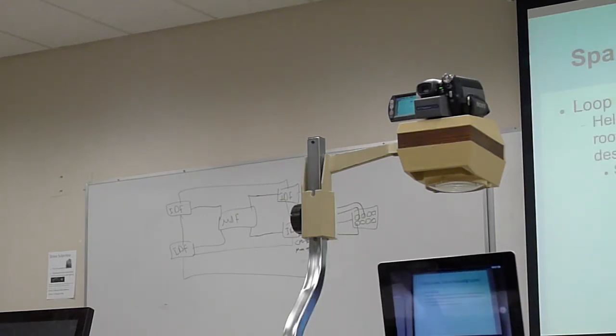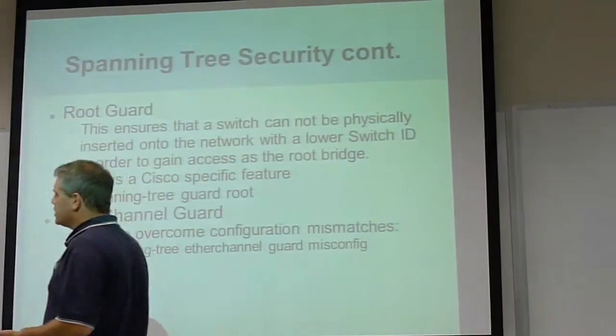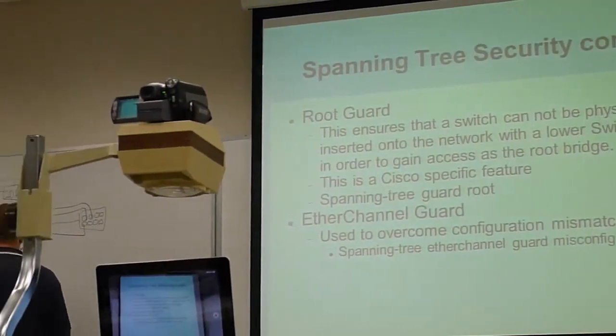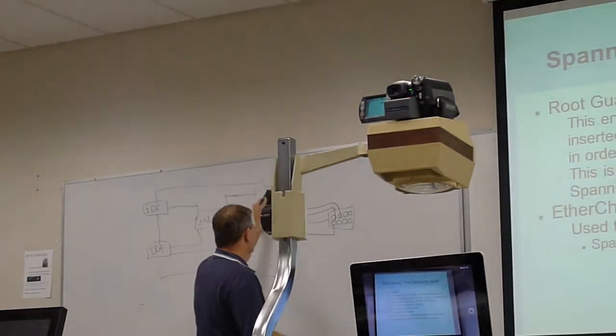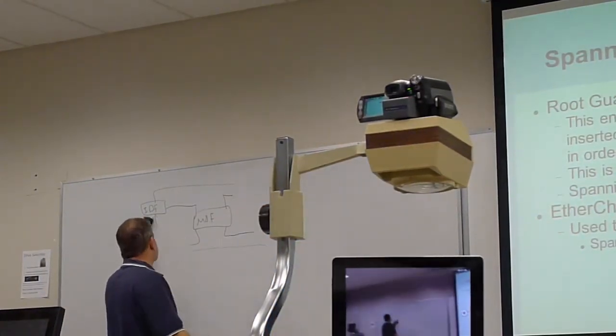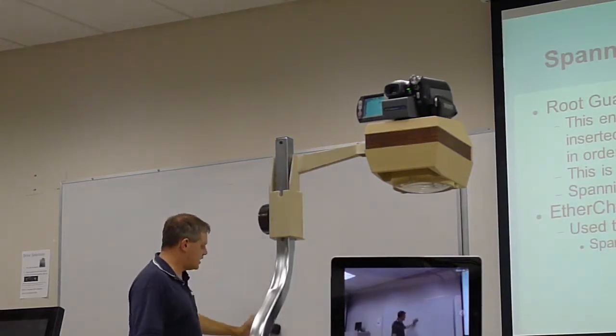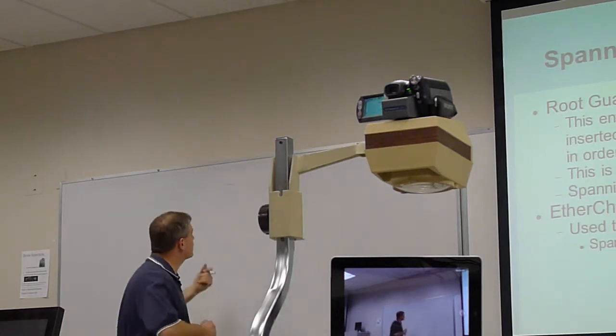Oops, back up here. Root guard is where we control the election of your root bridge. Again, more administrative in nature, but from a security standpoint, it can help you defeat a denial of service attack.